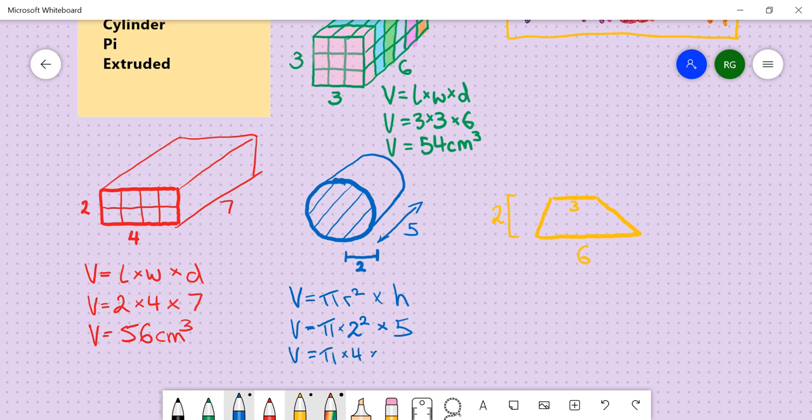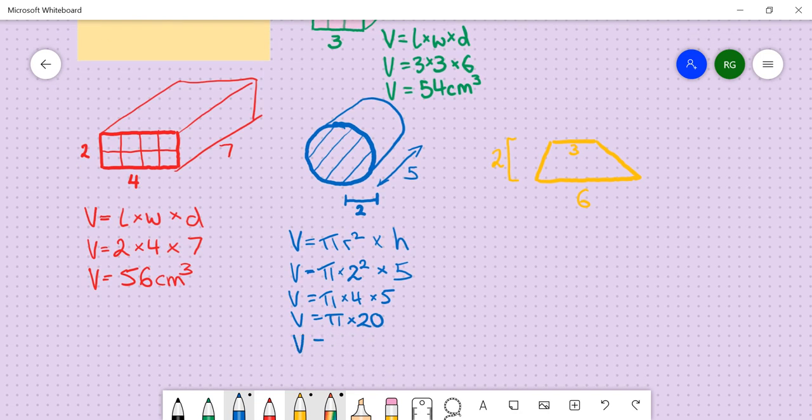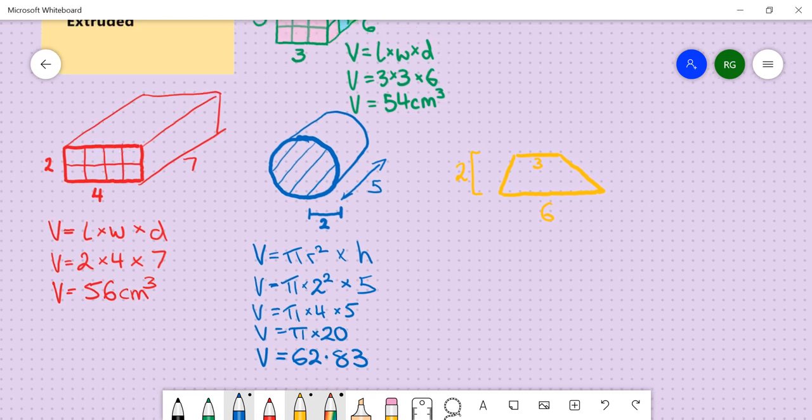Pi times 4 times 5, volume equals pi multiplied by 20, and pi multiplied by 20 is 62.83. And that's just to 2 decimal places. So, just like before, you determine the area of the side that is going to be extruded. So in that case, it was the circle, and then we multiply it by its length.